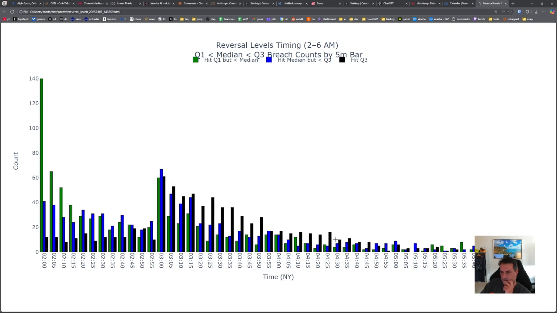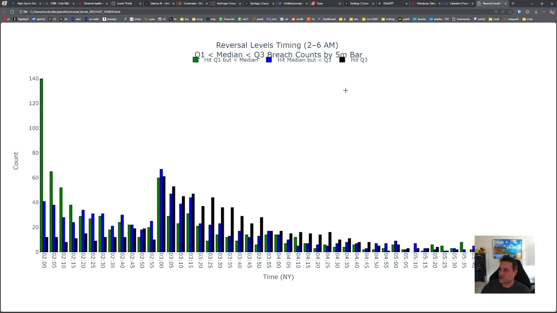So 140 times, 41, 12, 65, 38. They're all going down. They go up a little bit at 220. Q3 reduces, and then Q3 spikes at 3.